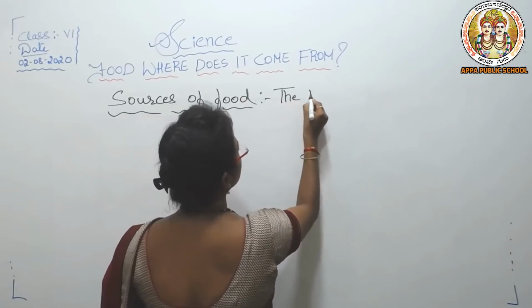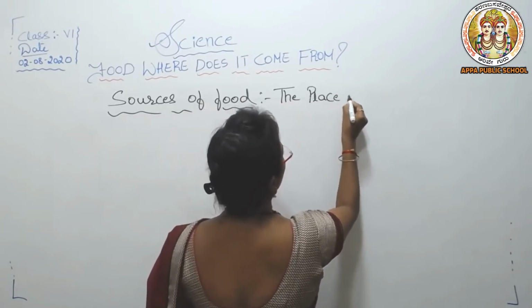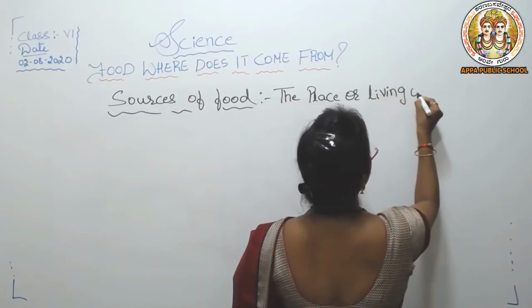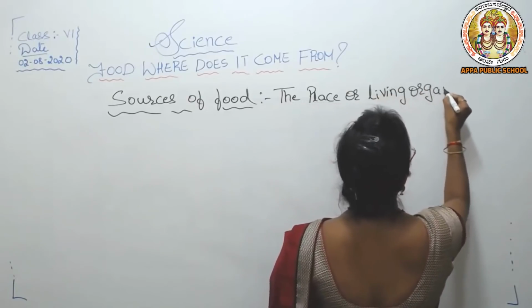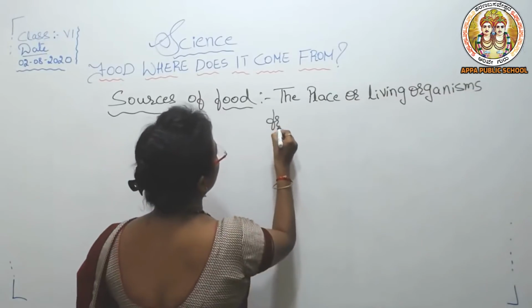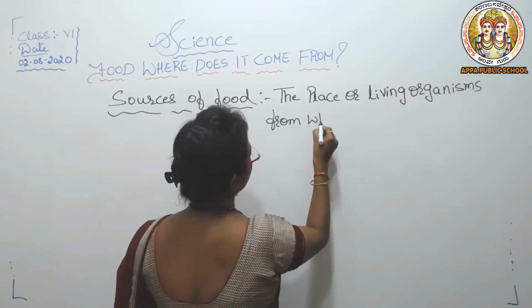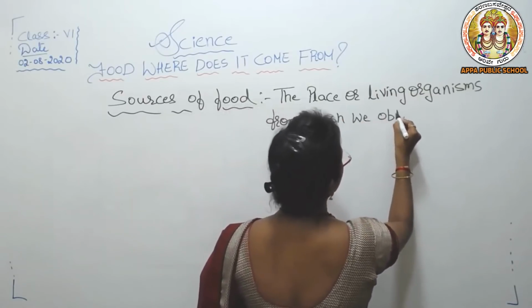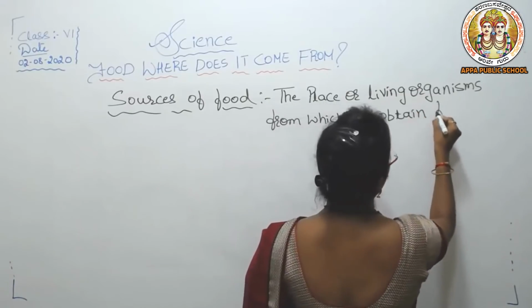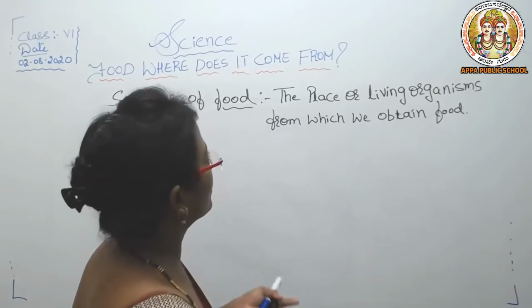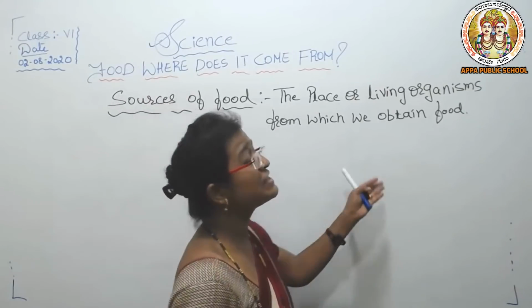The place or living organisms from which we obtain food. Okay, we know that food is very important, but we don't know from which source we are going to get it.